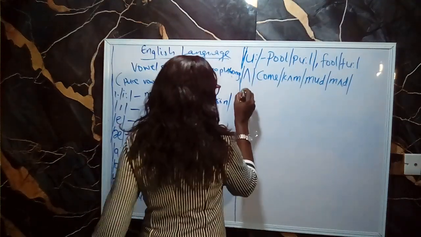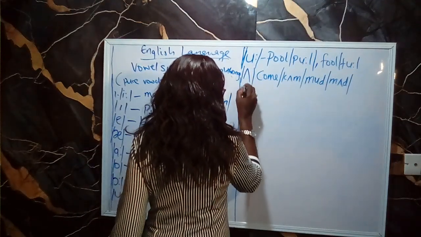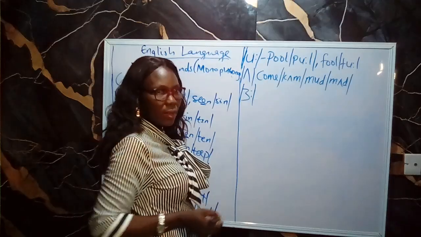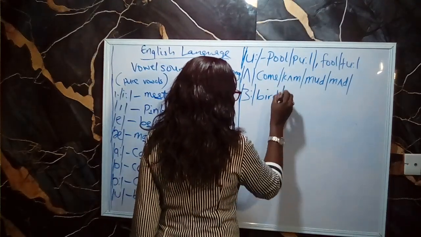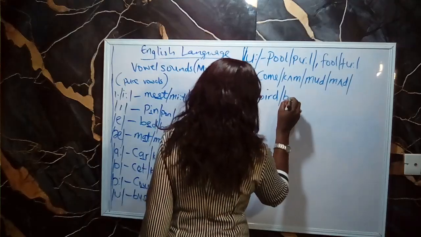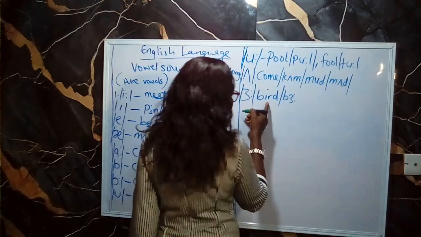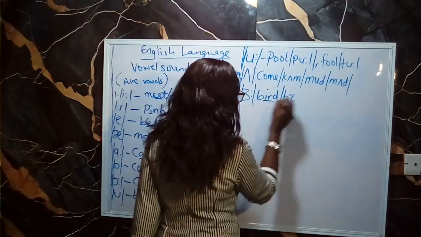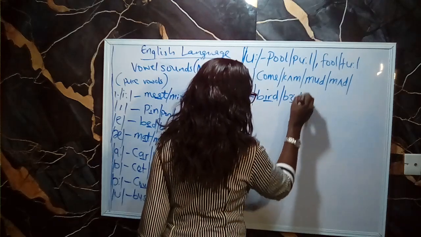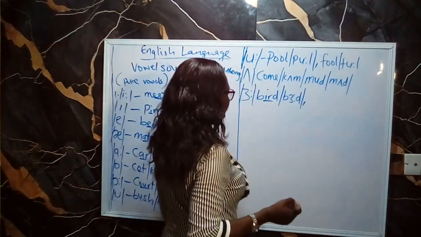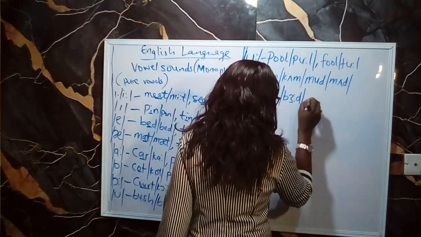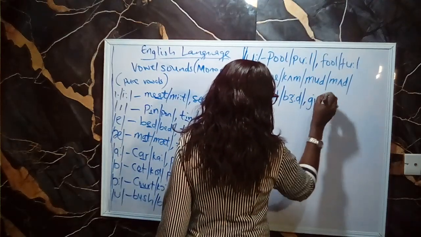Then the next one is as in bird. Remember, it's a long vowel sound. We also have something like girl.